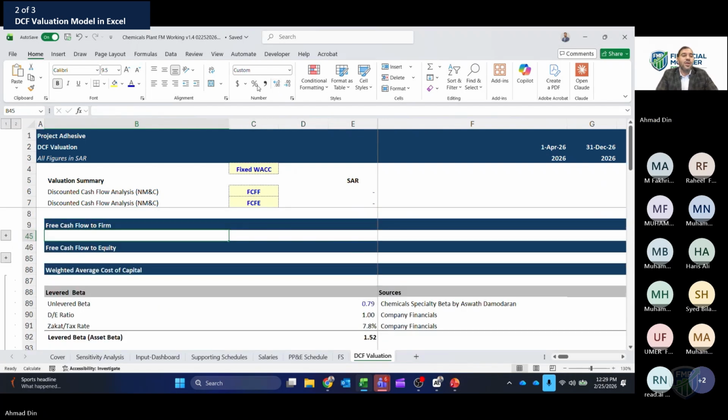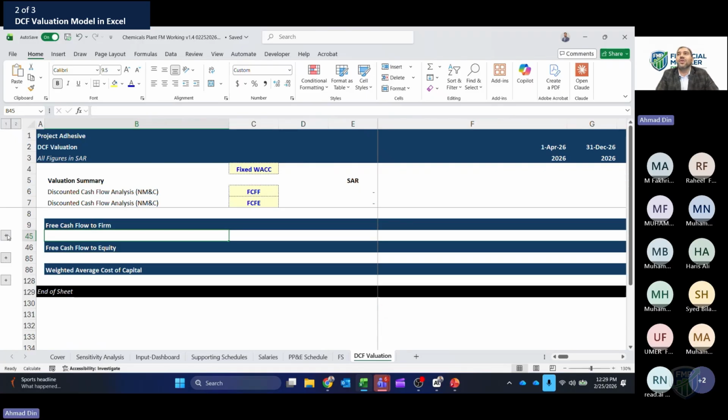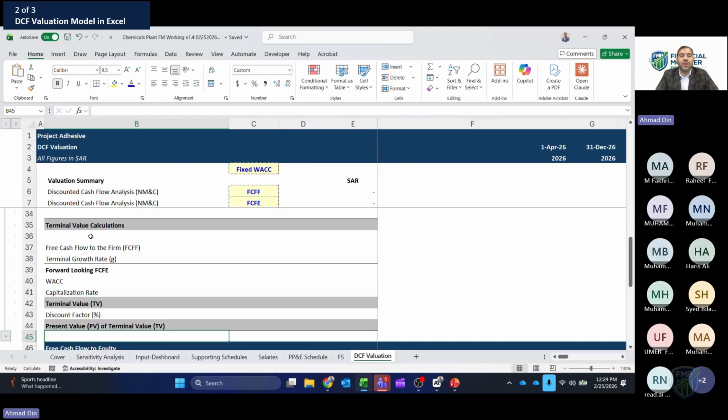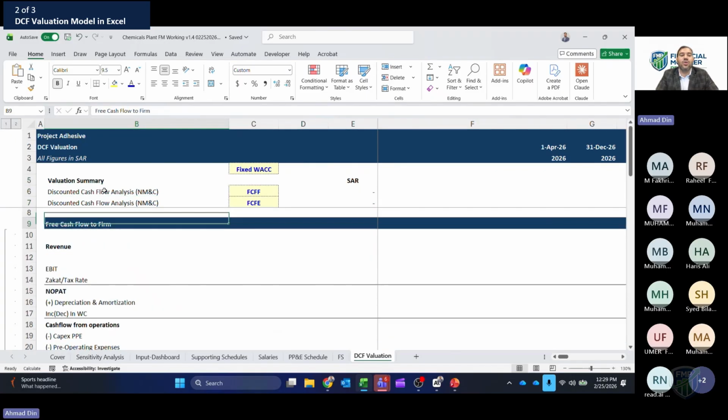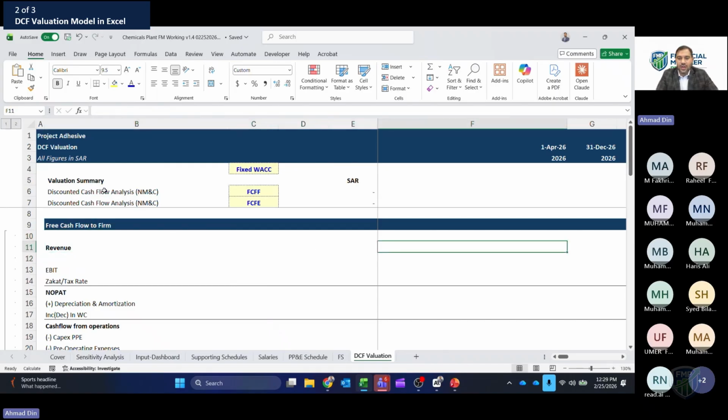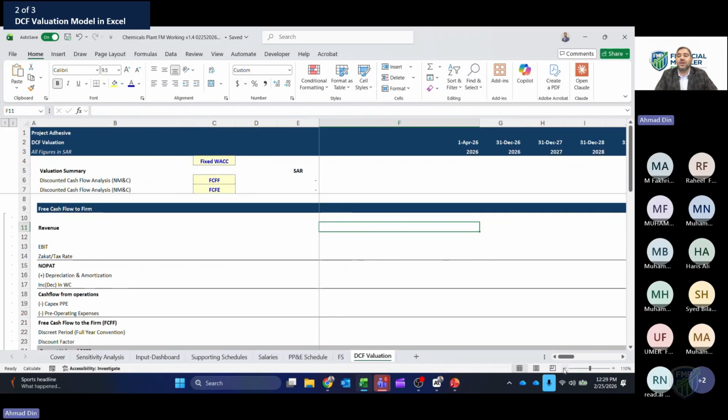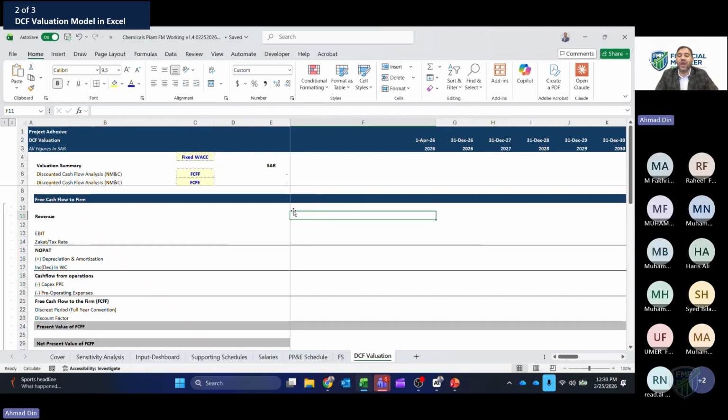Okay, now we have covered our weighted average cost of capital. We calculated our WACC. Now we'll go to free cash flow to firm, that is, how to calculate the free cash flow to firm. In our earlier calculation we discussed how to do this.